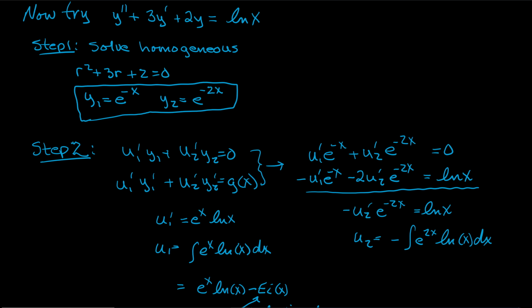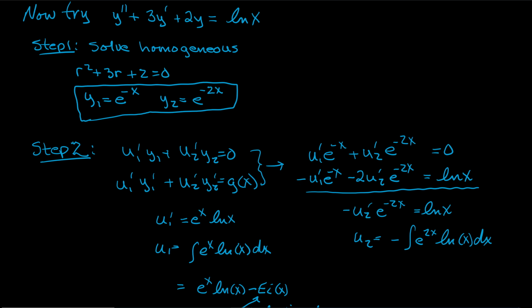And in place of y1, we're going to put our e to the negative x. In the place of y2, we're going to put our e to the negative 2x, our solutions from the homogeneous equation. Then in the second equation here, I need to compute the derivative of e to the negative x. Well, that's kind of like what we did before. So this is going to wind up being minus u1 prime e to the negative x.